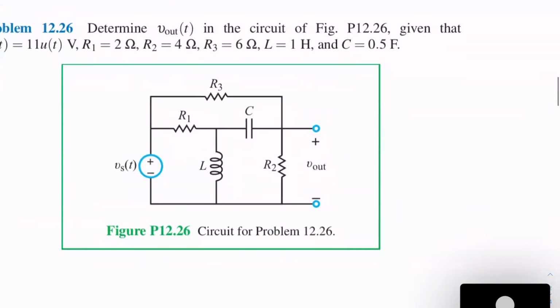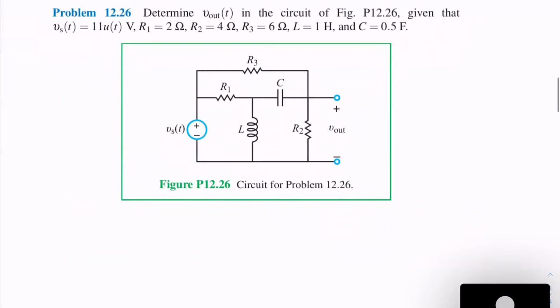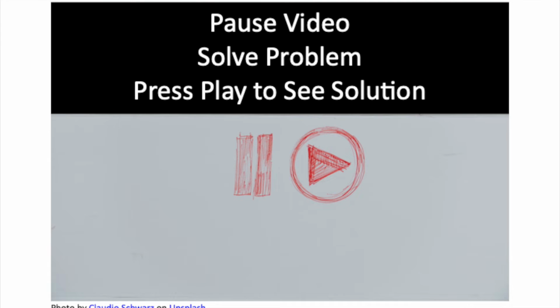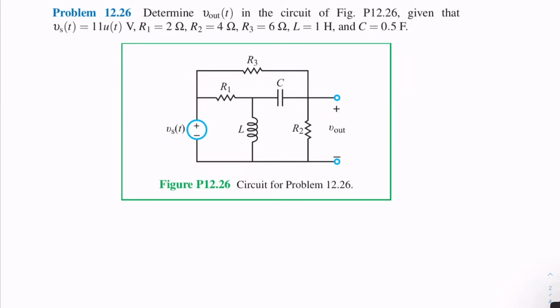So the first one here is this circuit. All right, so what do we want to do first? Okay, so we need to find the initial conditions by looking at our input source. So before time 0, your source is going to be 0. So that's where you're going to look at that initial time.